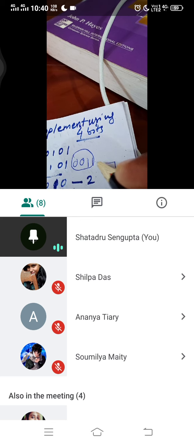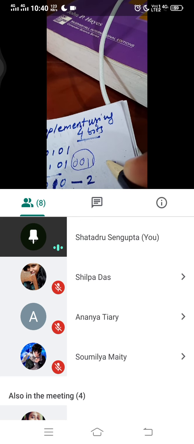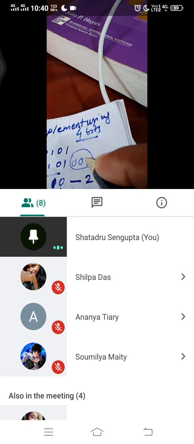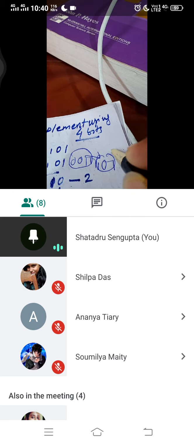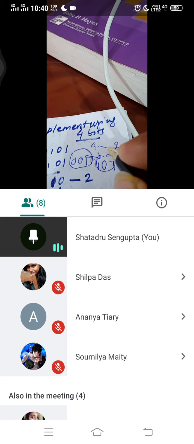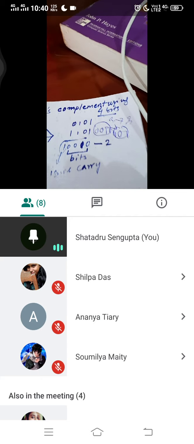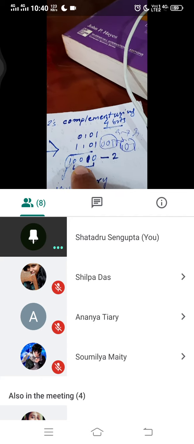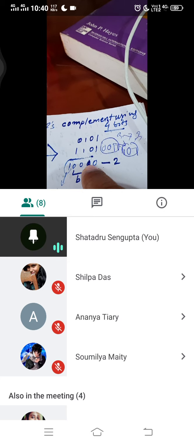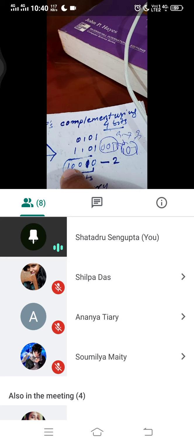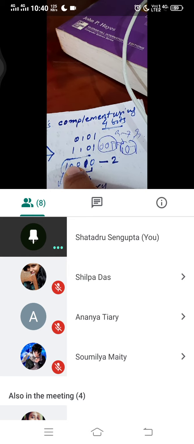Next one is encountered. Because the first one has already been encountered, we make it a 0 and the other two become 1. This is 3, this is minus 3. And this obviously is in the 4 bits that you have. This will be the 5th bit which has to be discarded. This will be 2.